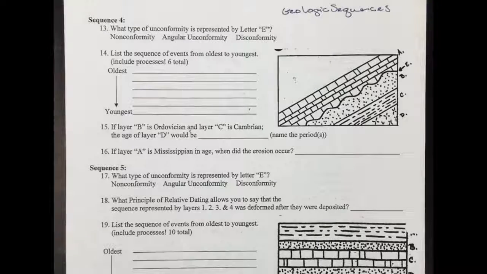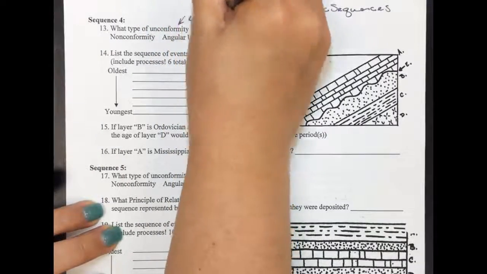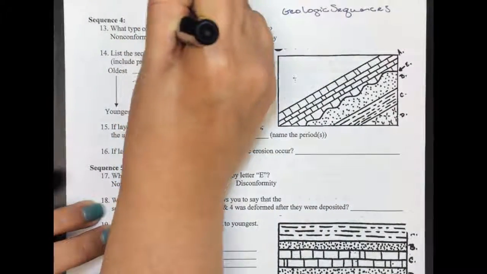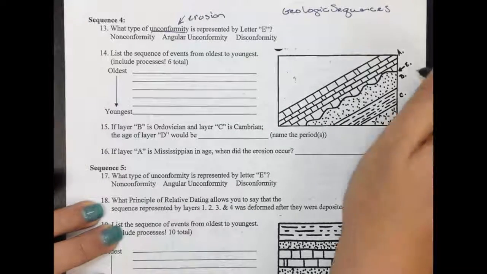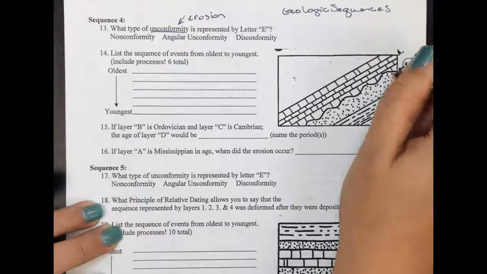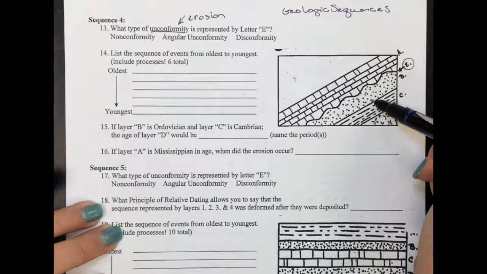The first question starts off with an unconformity. Remember, an unconformity refers to erosion, or sometimes we would say a break in the rock record. The unconformity here is this wavy line between the limestone and the sandstone.